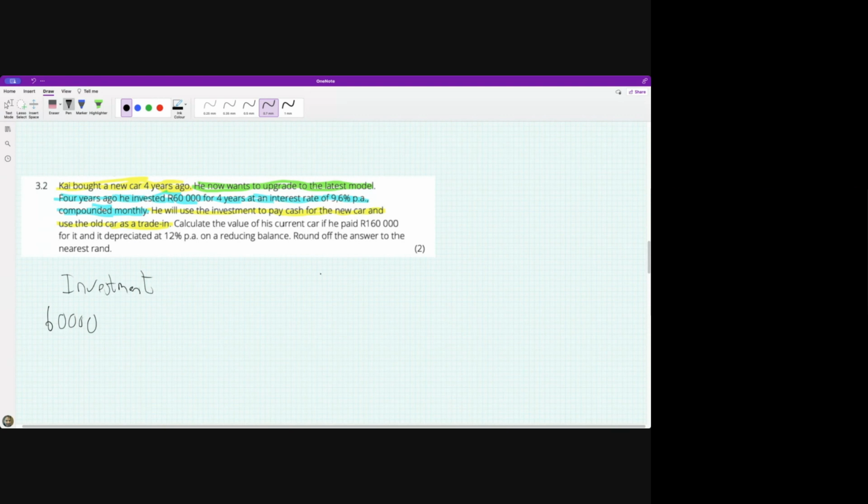Before I even worry about anything else, I want you to work out how much the 60,000 Rand investment that he invested 4 years ago is worth today. Work that out for me now, and then I'll carry on, because there's so much going on in this question. I feel like we should just go one step at a time. If I try and do too much, my brain is going to get overloaded.